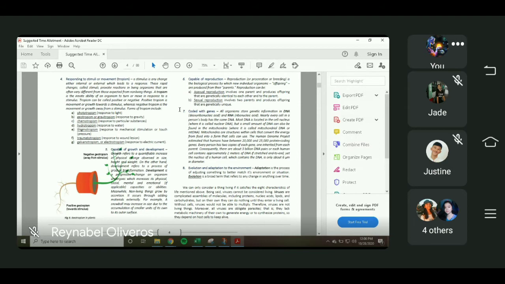'Di ba? So, sabi dito, a stimulus is any change either internal or external which leads to a response. Okay? So, these rapid changes called stimuli, provoke reactions in living organisms are often very different from those expected from non-living things.